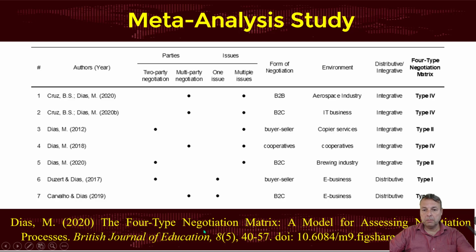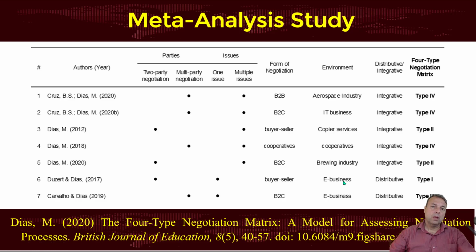This article was published in the British Journal of Education, May 2020, and as you can see in the picture here, there are negotiations in different environments. For instance, in the sample we have only seven negotiations, but we have the aerospace industry, IT business, copier services, cooperatives, the brewing industry, and e-business negotiations.